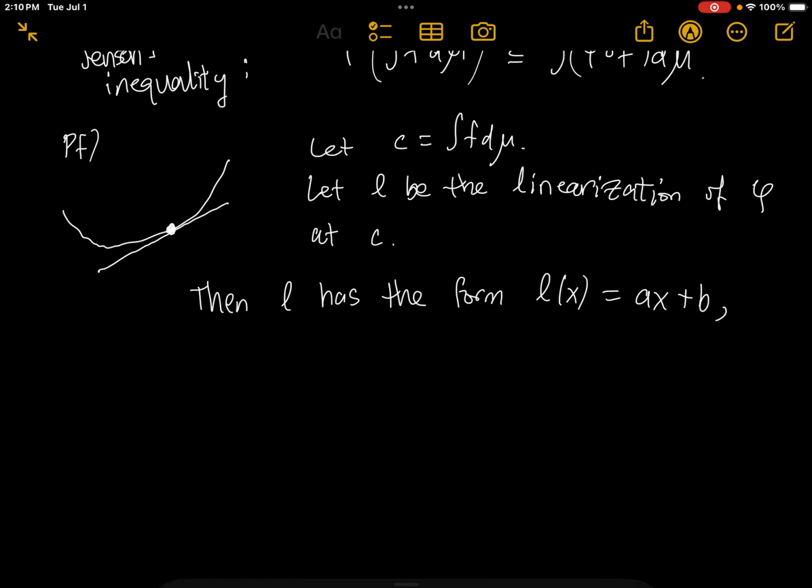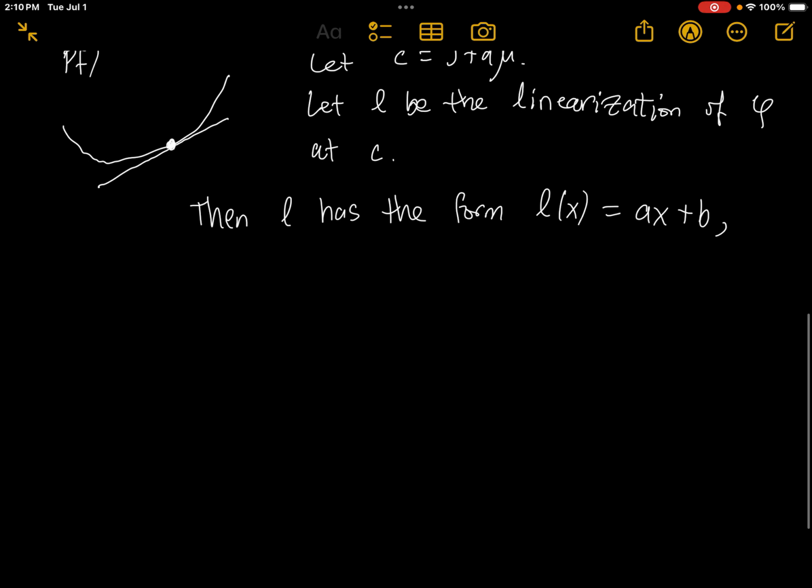It's a linear function. And A is going to be phi prime of C. We don't need that fact, but just to be clear, A is going to be the slope of the tangent line, phi prime of C.